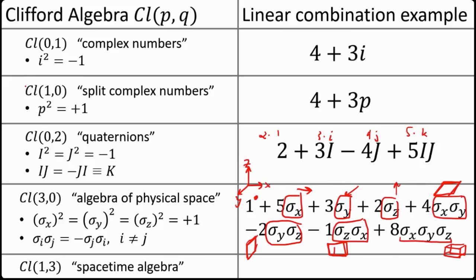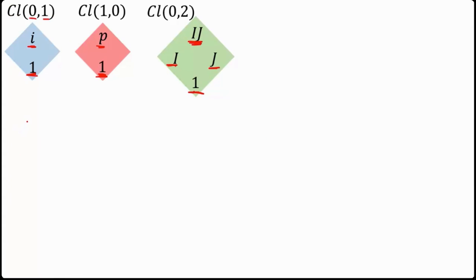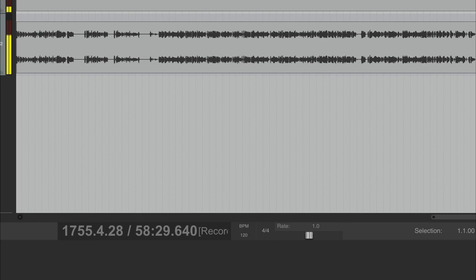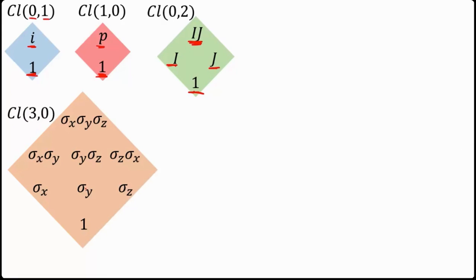Yeah, and then again, the Clifford algebra, you get tons. You get 16 different combinations of things you can make. Now I wanted to say that Clifford algebras are kind of diamond shaped, so hopefully I'll show you what that means. And then you can start seeing where the diamond is coming in here, especially with the algebra of physical space.